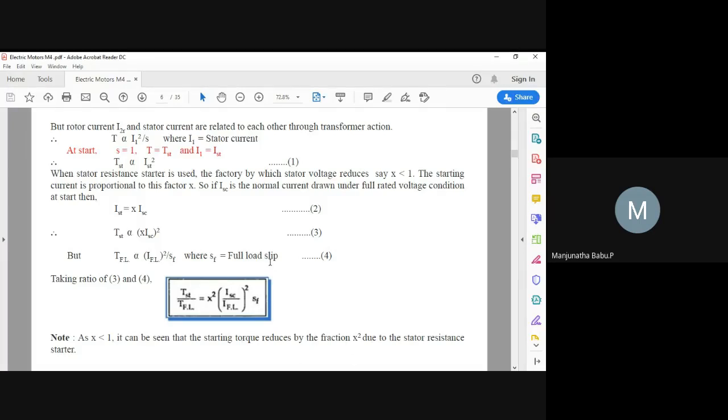Okay, so remember this formula. I'll go for the next numerical.